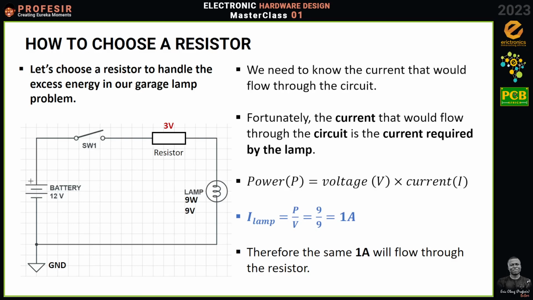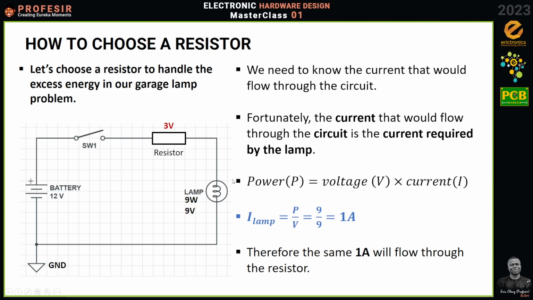So from this, we know that a current of 1 amp would be flowing through the circuit, or we need to move a current of 1 amp to the load, right? Whatever resistor we are choosing here should be able to allow that 1 amp to flow through it, and in return it should be able to drop exactly this 3 volts.